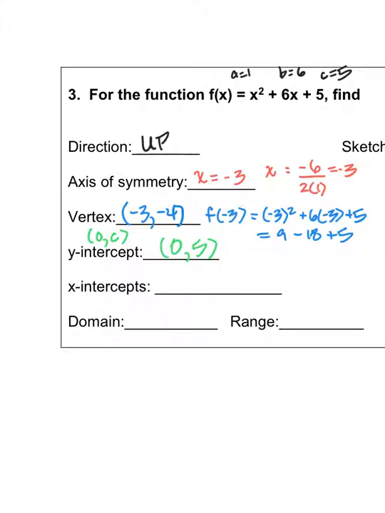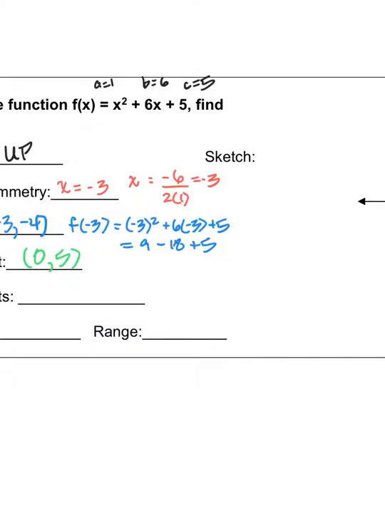My x-intercepts, so I'm going to factor this. The lead coefficient is 1, so we can factor it mentally. And so my product would be 5x squared. My sum would be 6x. And my two factors would be 5x and 1x. And so this would factor to x plus 5, x plus 1 is equal to 0.